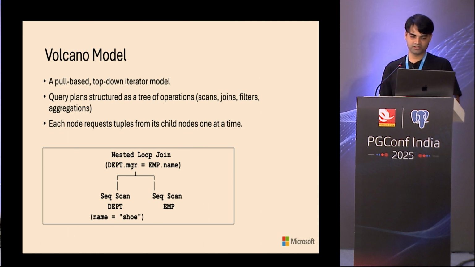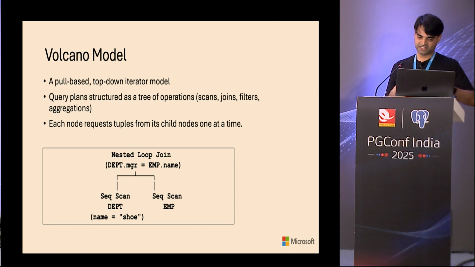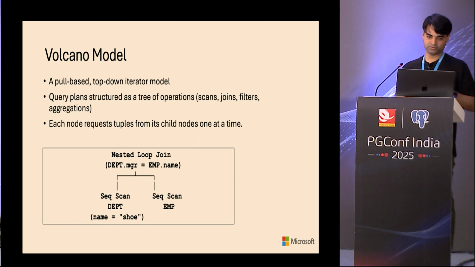It's very extensible because if you want to add a new plan node, you can just implement the interface for that node, and you can have as complex a plan as you would like for implementing some SQL feature or some optimization that makes the plans faster.